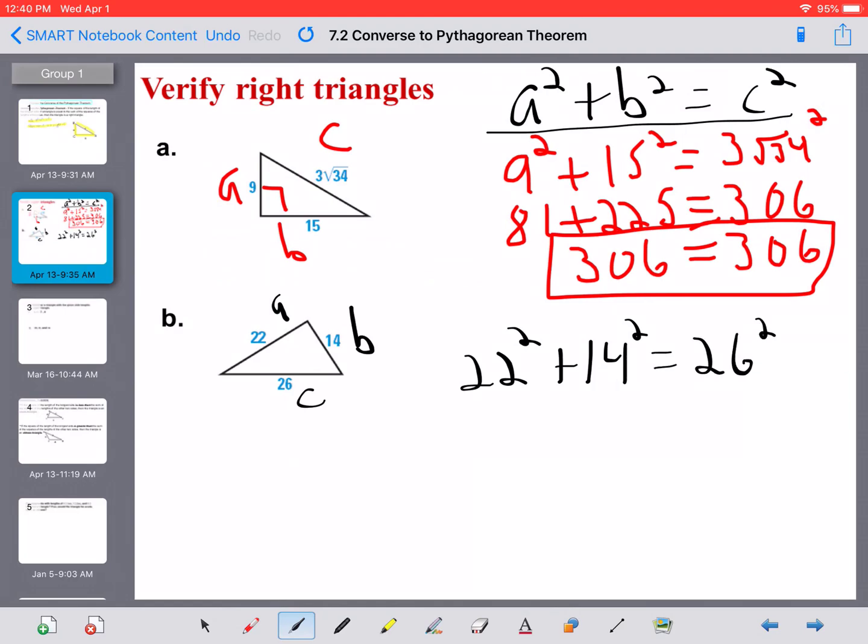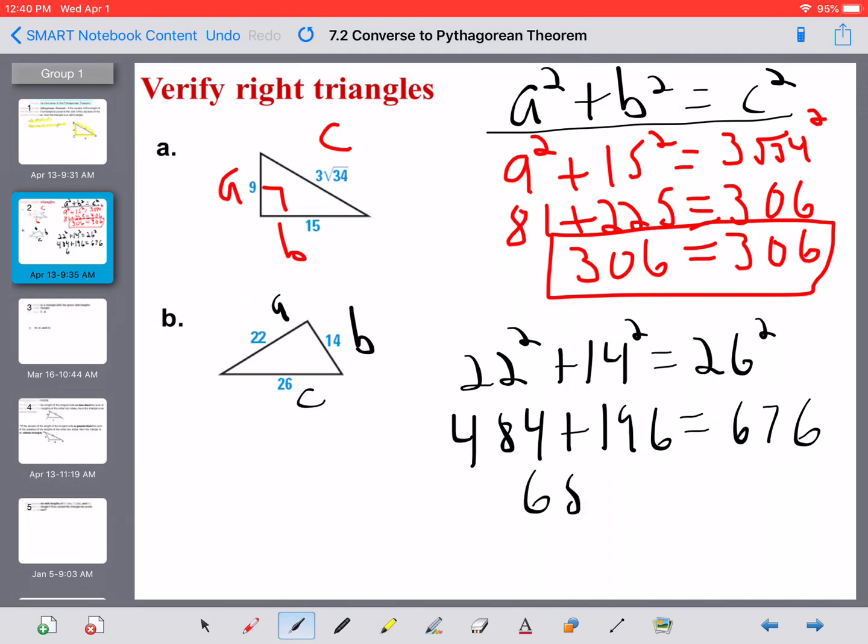Now 22 squared is 484. 14 squared is 196. And 26 squared is 676. Now 484 plus 196 equals 680, which is actually larger than 676. So they did not equal.